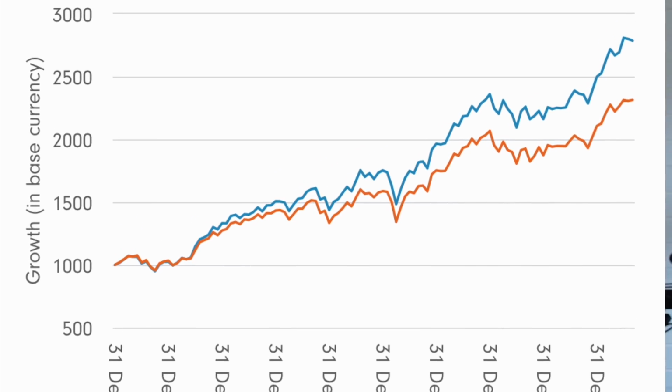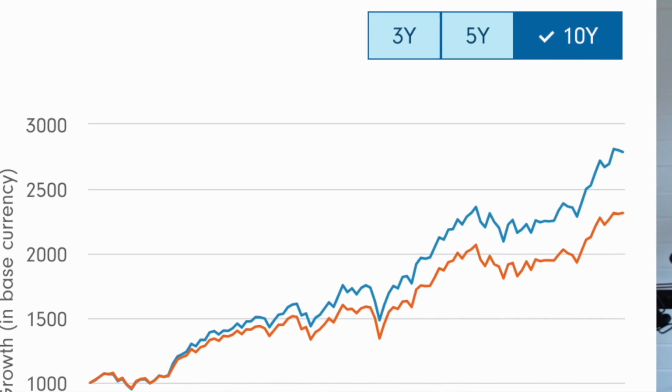6.76%. Now, let's have a really quick look at the growth of £1,000 over the last 10 years. So say you had invested £1,000 into Vanguard FTSE All-World, your £1,000 would today be worth £2,786, and that is making no further deposits into the FTSE All-World.